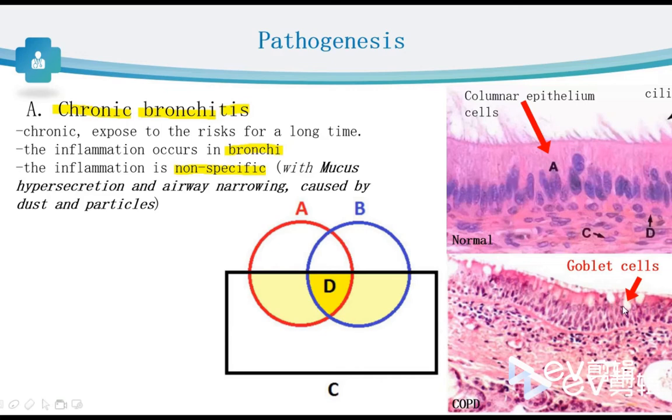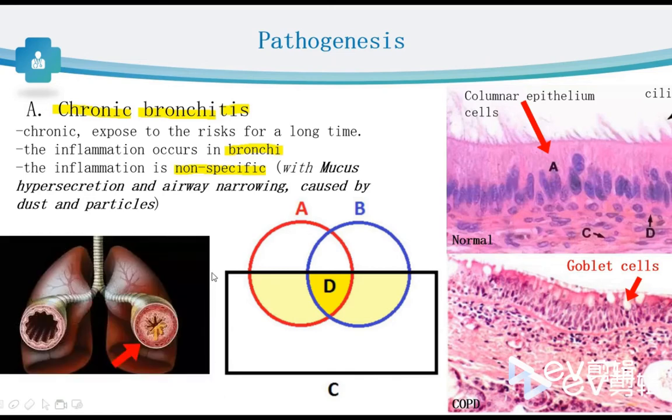We can see here, there are the proliferation of goblet cells and the proliferation of the connective tissue. These changes will finally result in the mucous hypersecretion and airway narrowing, as this picture shows.